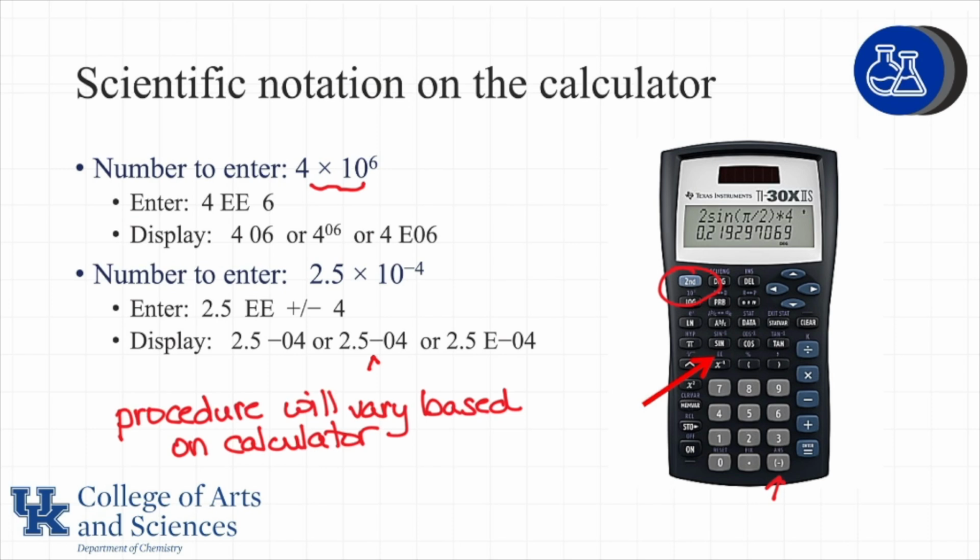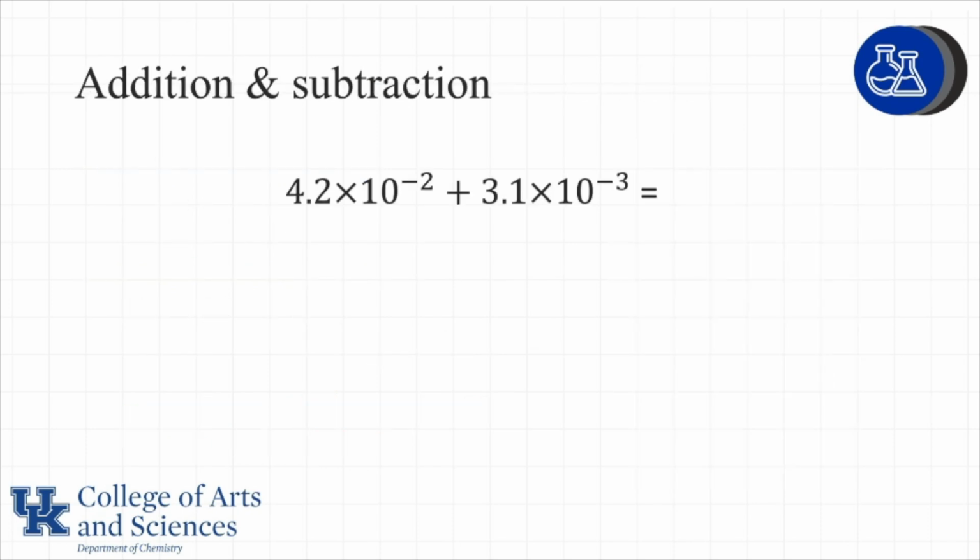Different ways, all mean the same thing. But it's really important that you learn how to use it correctly on your calculator so that the calculator knows that the number and the times 10 to the exponent all belong together, that they're the same value. They're not separate numbers.